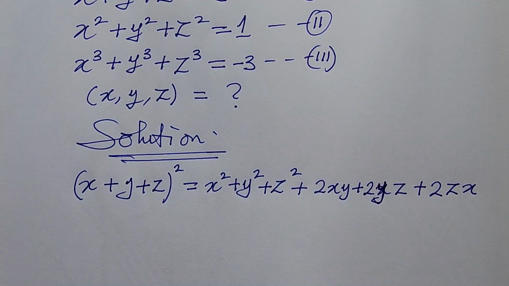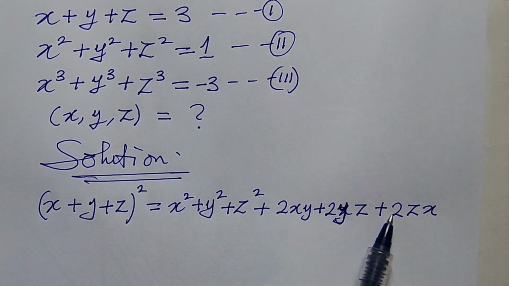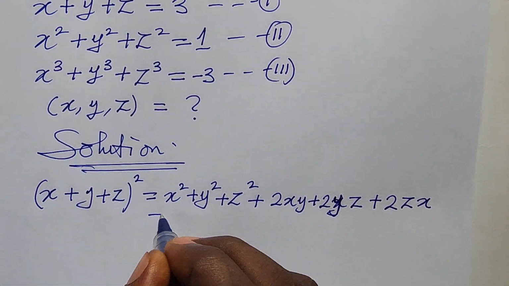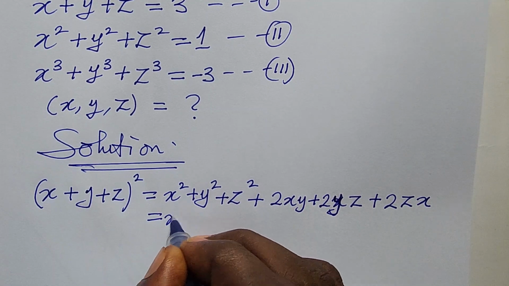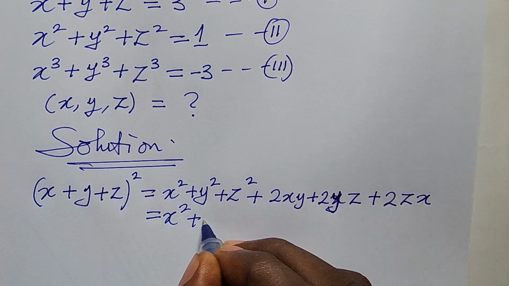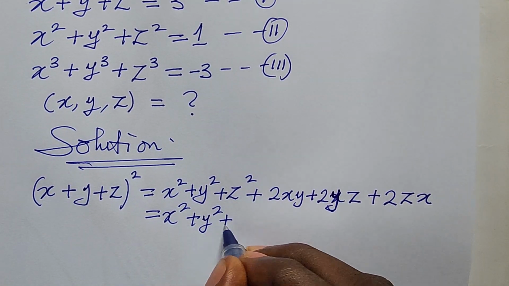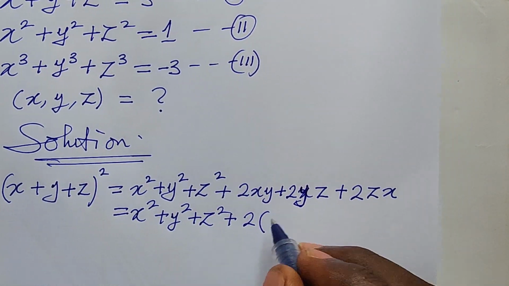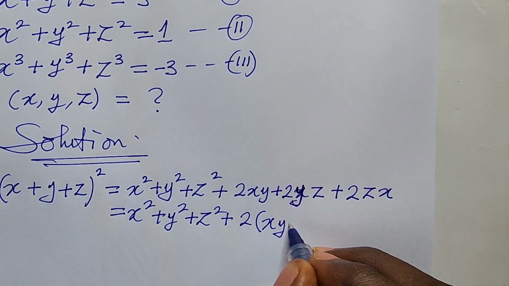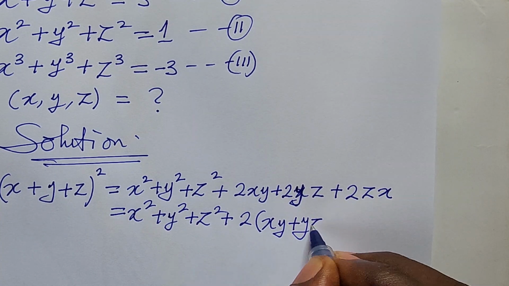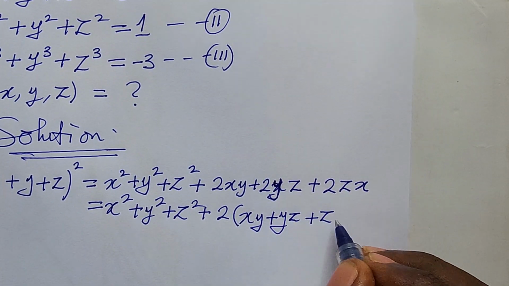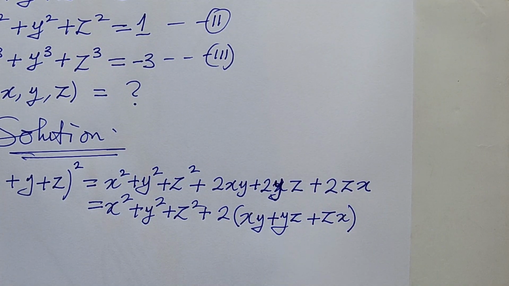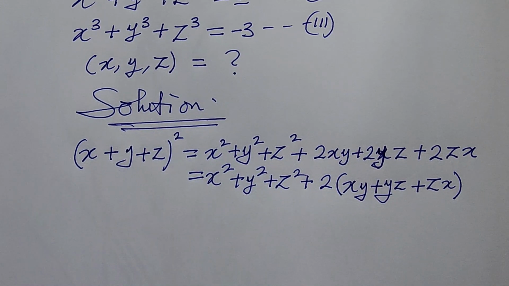You remember this? So from here, you discover that 2 is common to everything here. So let's go ahead and factor out 2 from here. So we have x squared plus y squared plus z squared plus 2 into (xy plus yz plus zx). Close bracket. Are we learning something here?